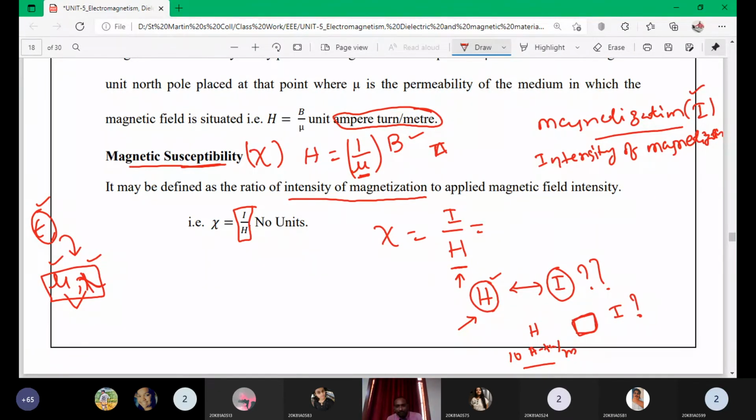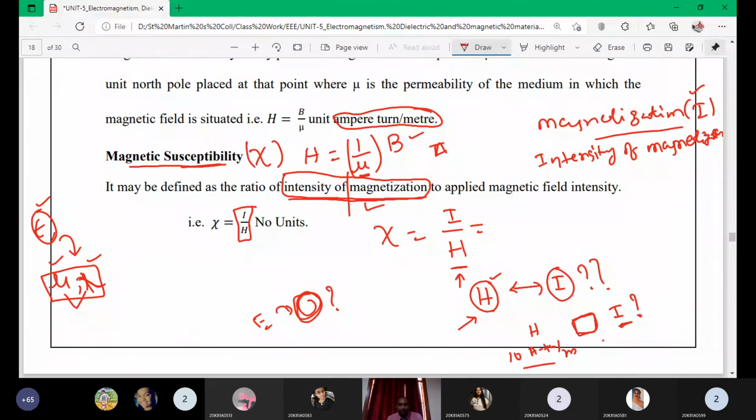Like when you apply some external electric field, how much field is generating within the material. Here also the same thing. If you apply some external magnetic field, how much magnetization is developing. You can call this term intensity of magnetization, or simply magnetization.